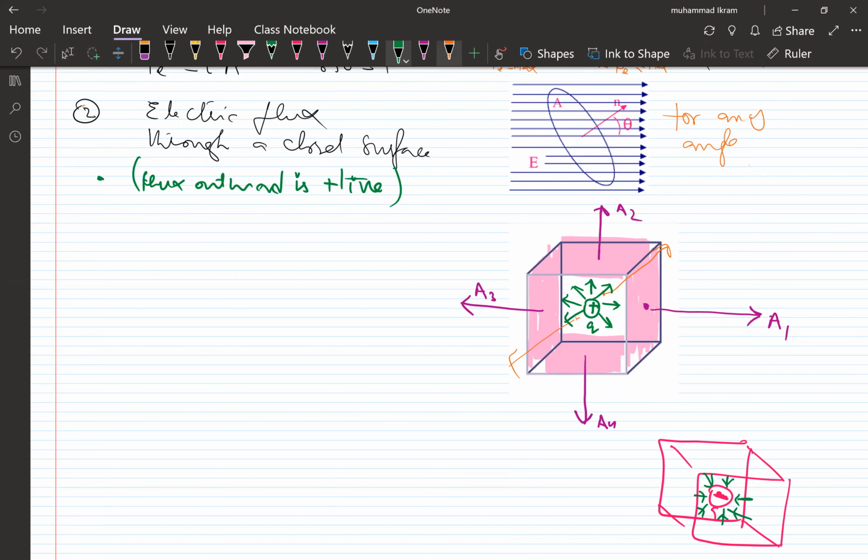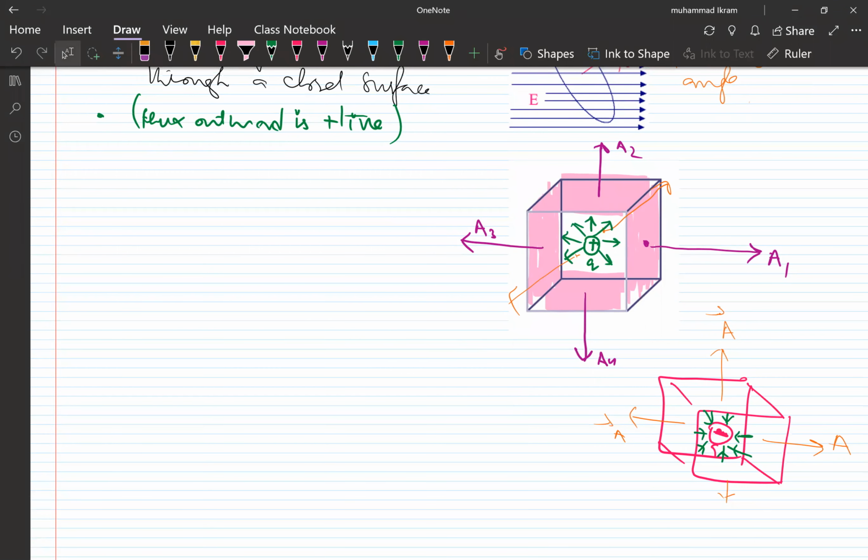If you just draw the area vectors, this is the area vector, this is the area vector, this is the area vector, and this is the area vector. So if you just see, the flux here is negative for the inward flux. The inward flux through a closed surface is always negative.